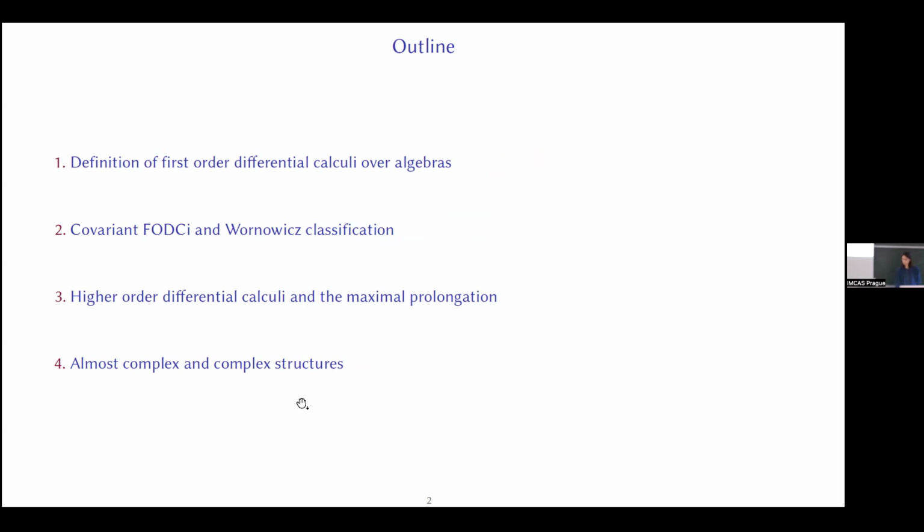And then we will get to the definition of an almost complex structure and a complex structure for a star differential calculus.